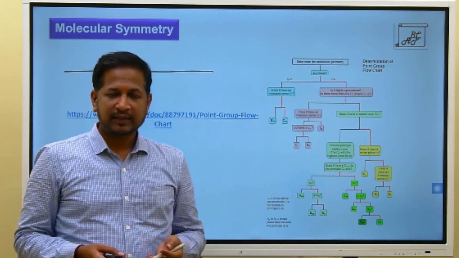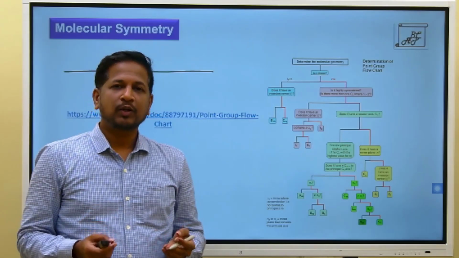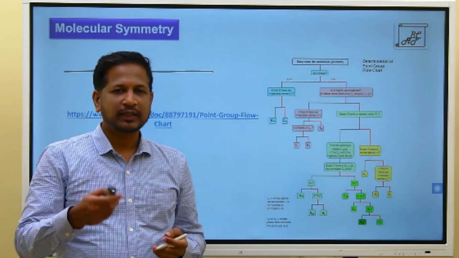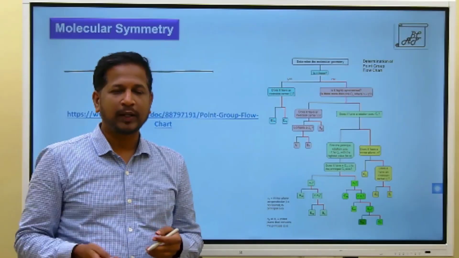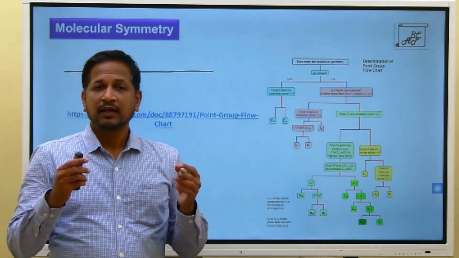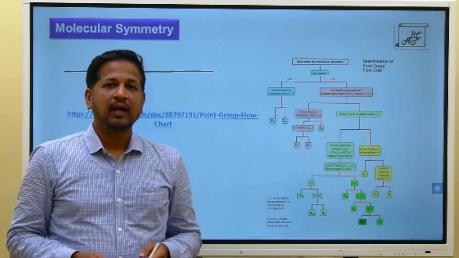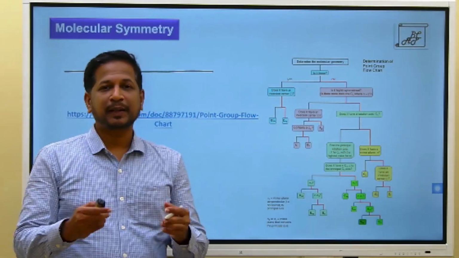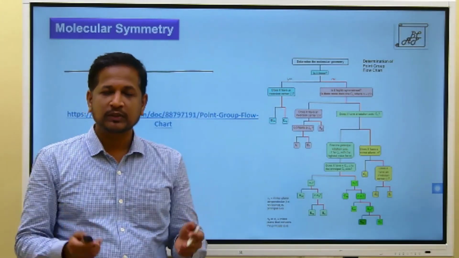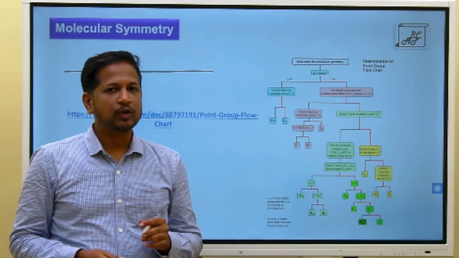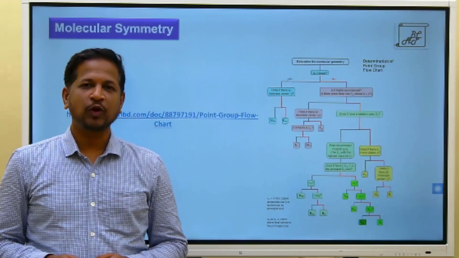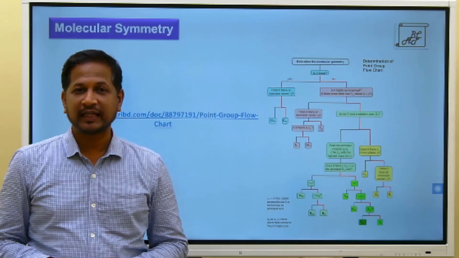But in a competitive exam, it is very important to answer within 5 or 10 seconds, that is, to identify a point group. To do that, imagination is very important, and you should practice different molecules to identify their point groups. I hope you followed how to determine the point group of any molecule.